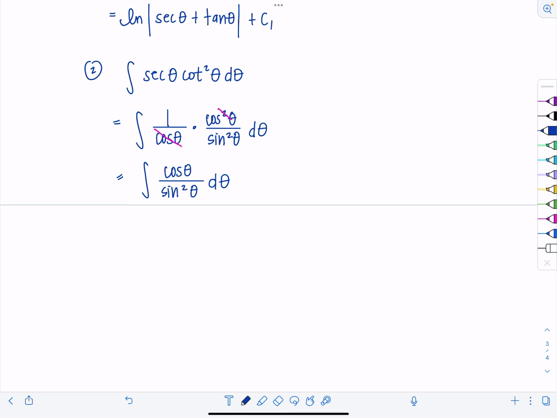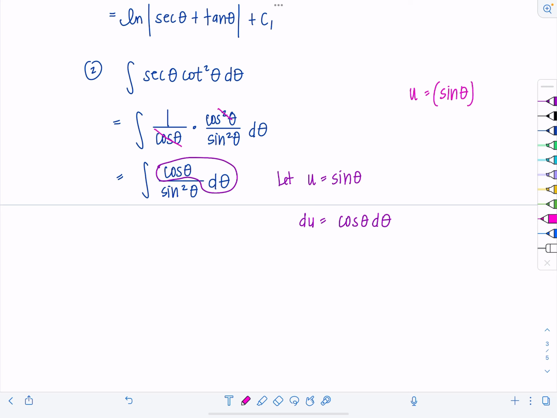Do you see what we should let u equal? Should it be sine theta or sine squared theta? It should just be sine theta, right? Don't put the exponent on when you're making a u sub for a trig function. Just let u equal sine theta, then du would be cosine theta d theta, which I have there, voila. Why would u being sine squared theta be a bad choice?